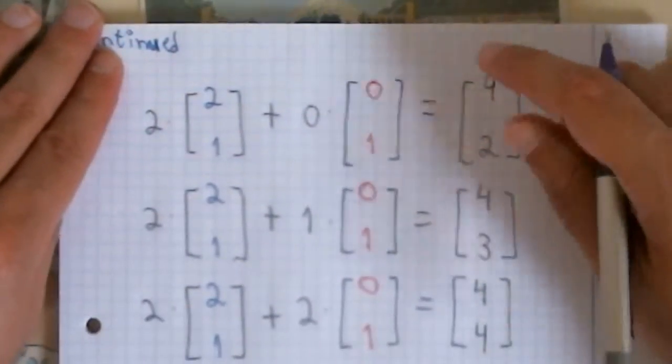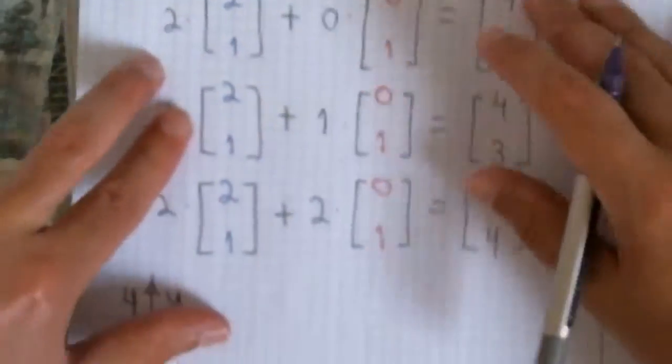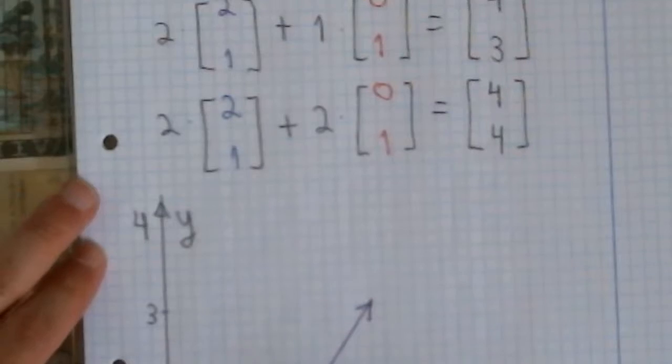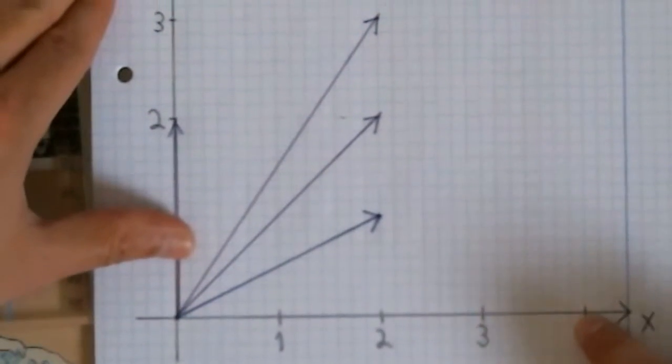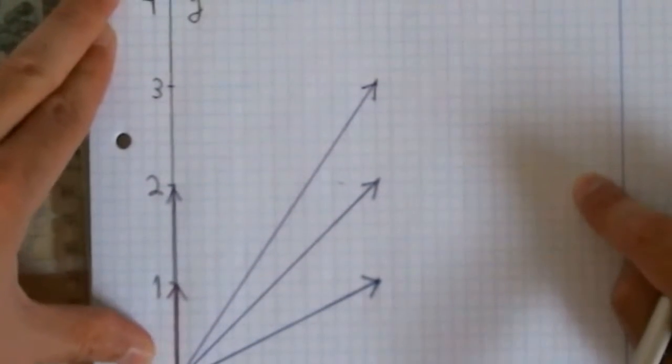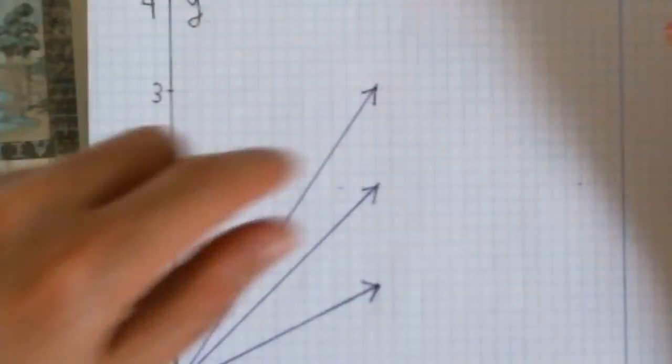Let's see about the last 3 cases. 4 and 2, so we are going 1, 2, 3, 4, and 2 upwards, 1, 2. So they meet here.